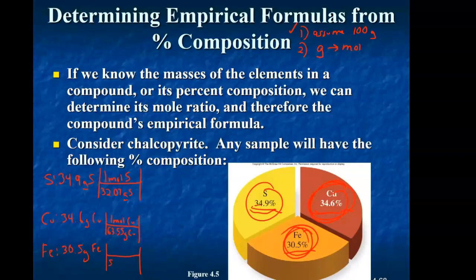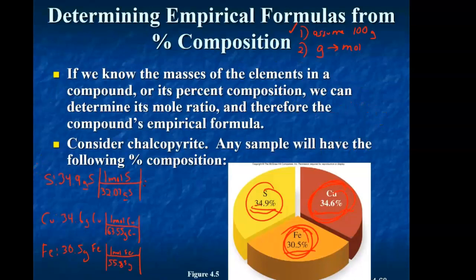Fe is 55.85 grams and 1 mole of Fe. Sorry, trying to write this as neat as I can. This is not on a page because I'm just walking you through it. We're going to do a lot of these. So that's step 2, convert from grams to moles.